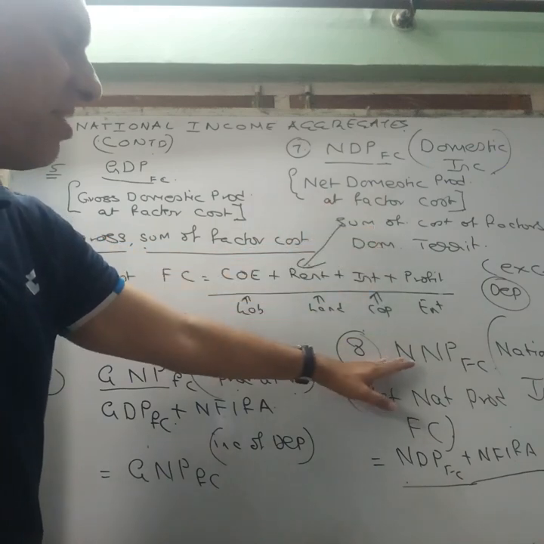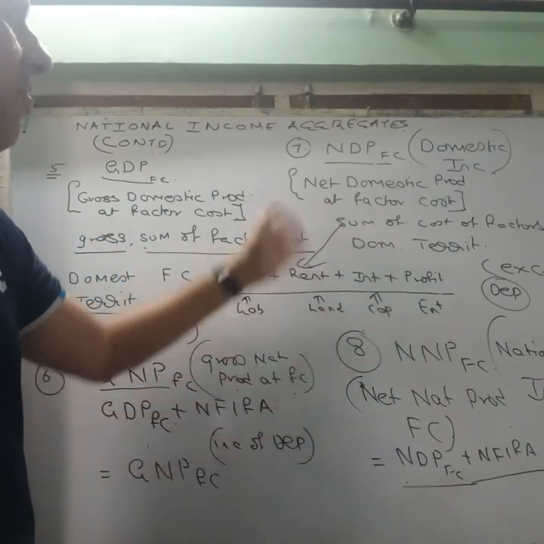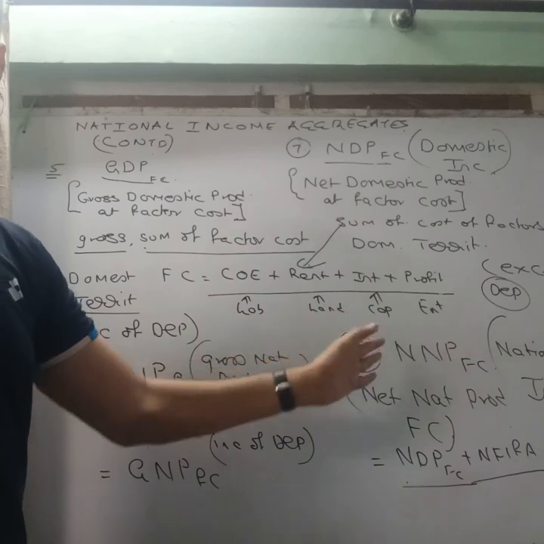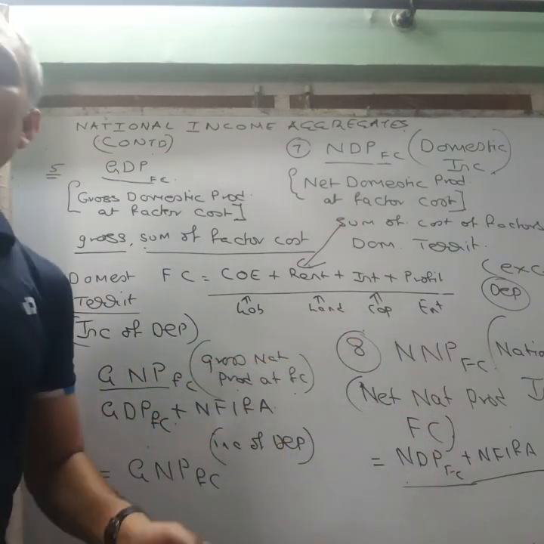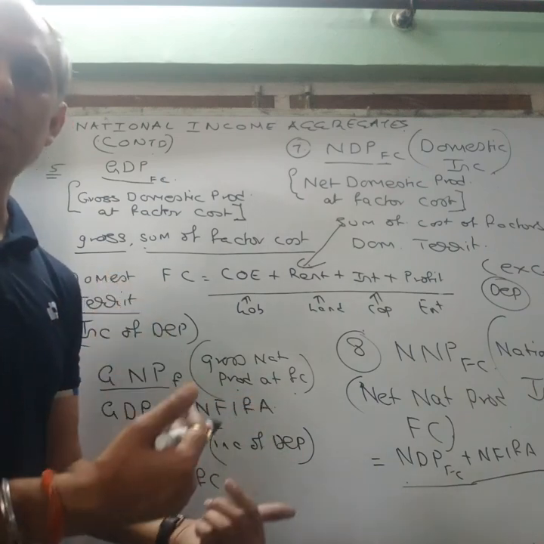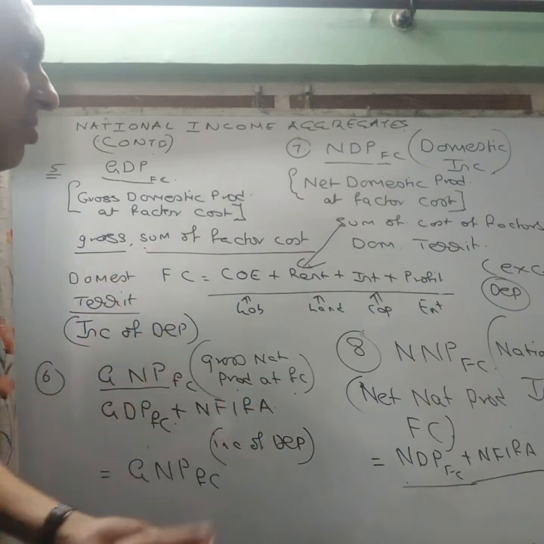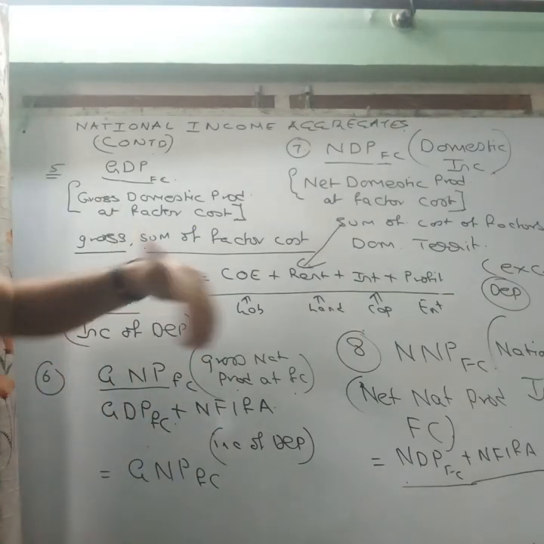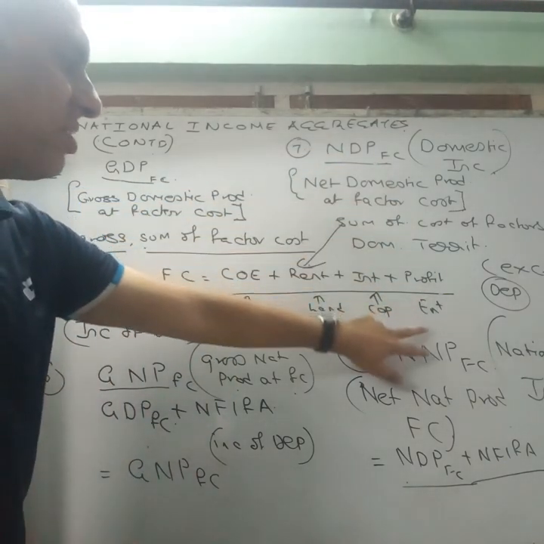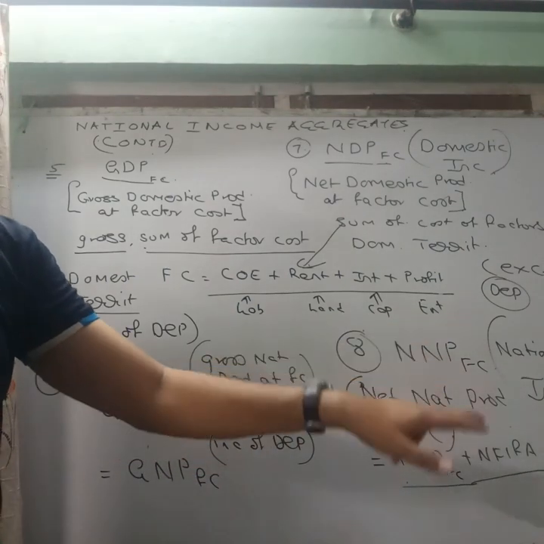So what is NNP at factor cost? It is the sum of NDP at factor cost and net factor income from abroad. Hopefully all of you got into the scheme of things and have understood it. Just remember one important thing here: to convert domestic into national, net factor income from abroad is required.